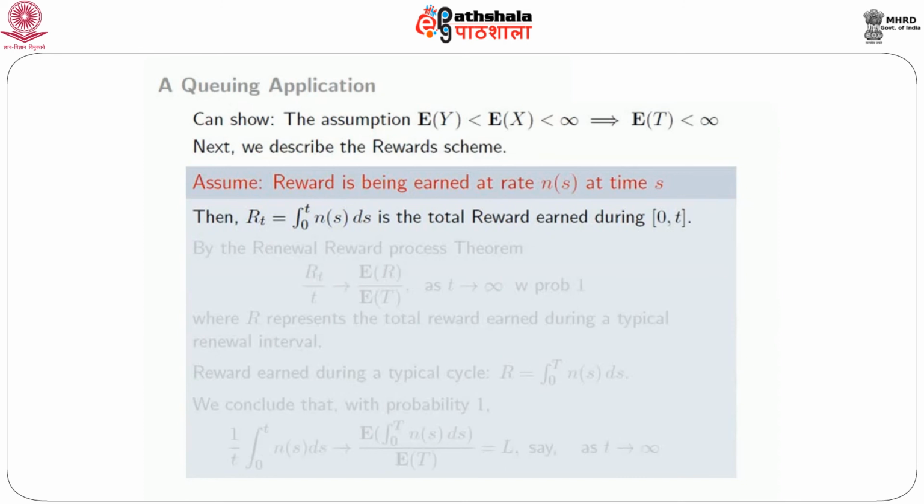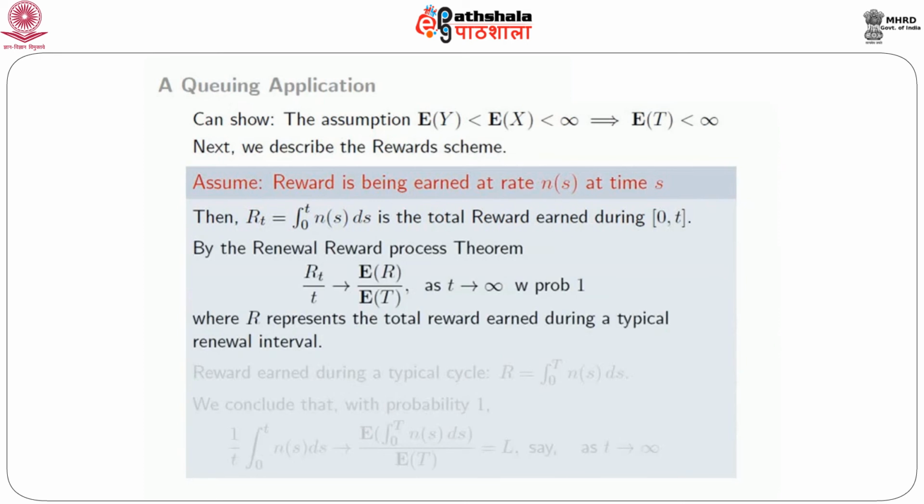Therefore, by the renewal reward process theorem, R(t) over t goes to E of r over E of T as t goes to infinity with probability 1, where r represents the total reward earned during a typical renewal interval.